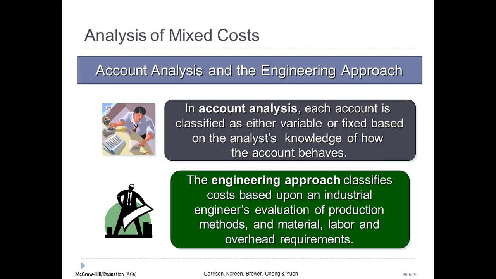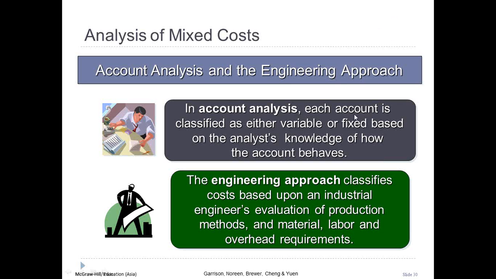So the engineering approach is particularly helpful if we really have no experience in understanding the activity and the cost. So it might be a new plant or a new building or a new process. We have no experience, we have no reference sites, we have no feeling for it. So we tend to get a subject matter expert, an engineer, to come in and do the analysis, and that will be the basis of our cost behavior.